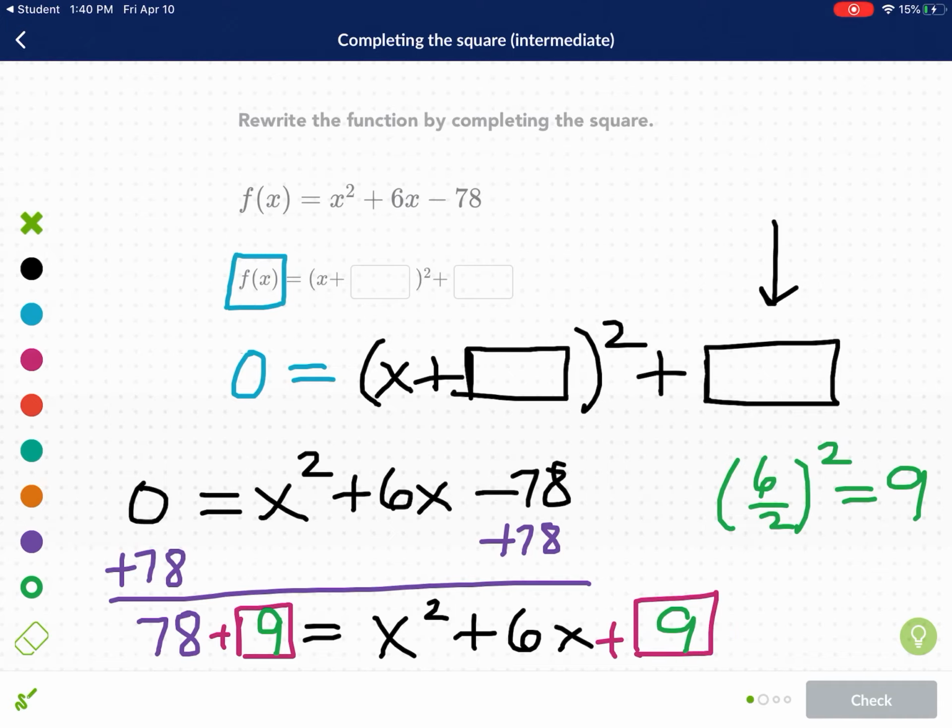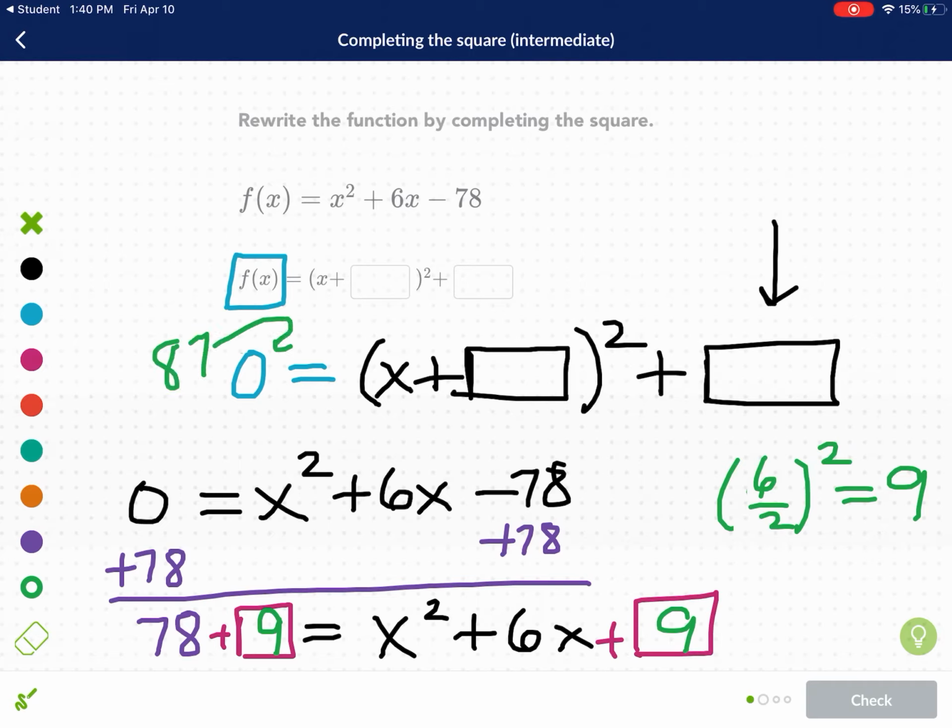78 plus 9 is going to be 87. Now technically this 87 is sitting on this side.